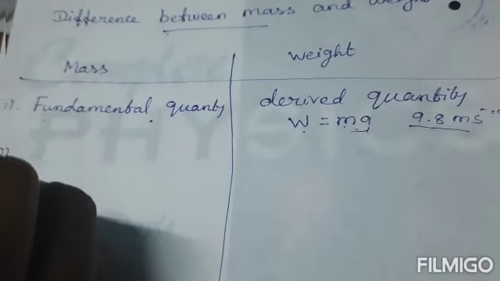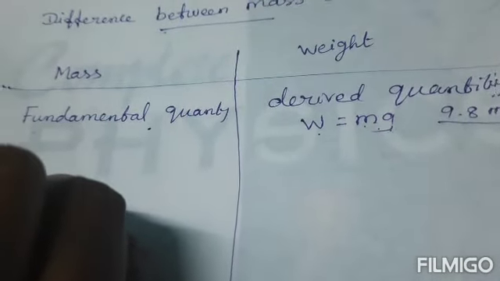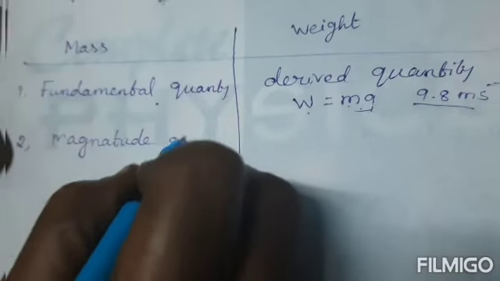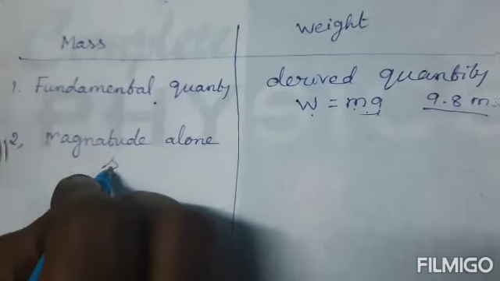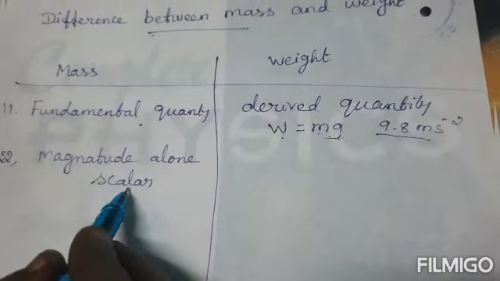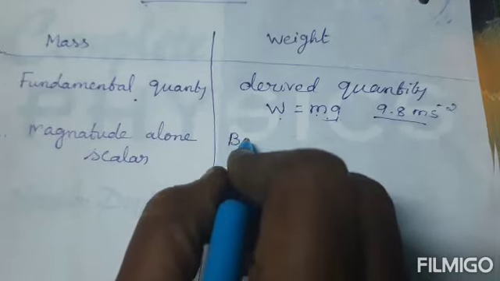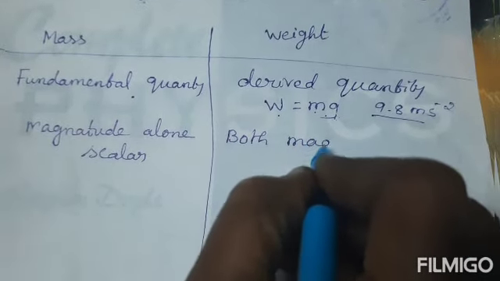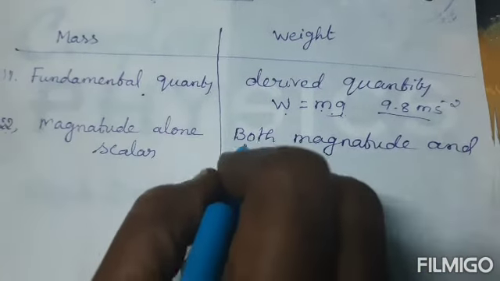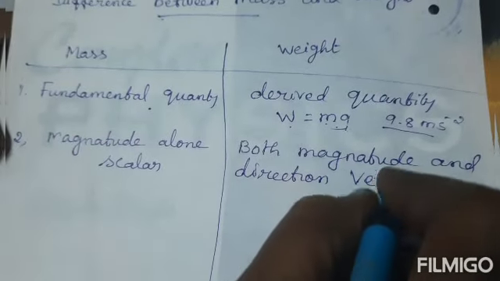Then the second point. Mass has magnitude alone, so it is a scalar quantity. Weight has both magnitude and direction, so it is called a vector quantity.